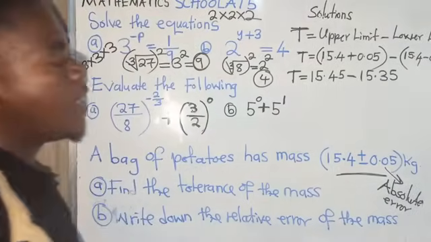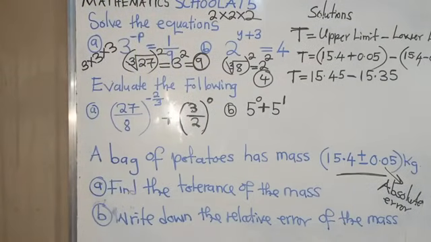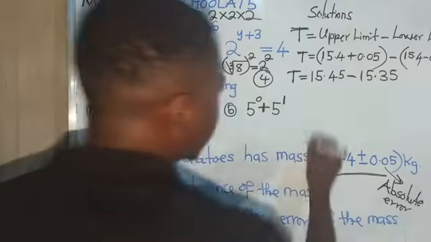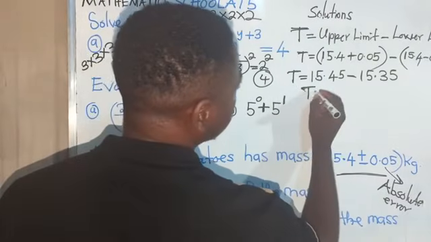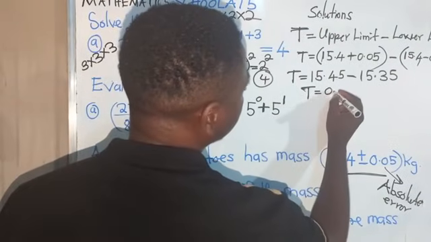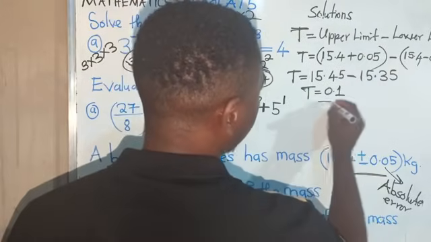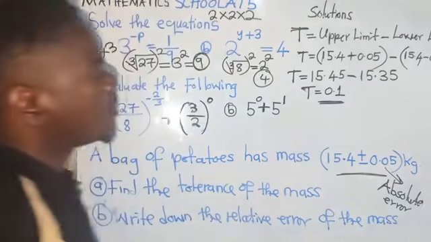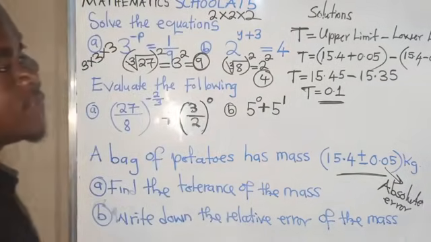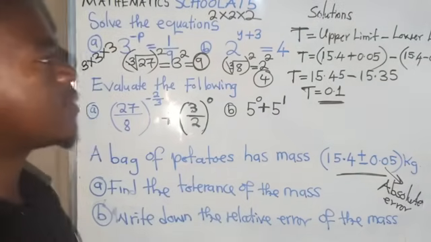That is the answer that I'm going to have. So having said that, I guess people are able to see. Then we just subtract. What is the answer there? The answer is just going to be equal to 0.1 if we try to subtract there. So that is our tolerance. This is how you need to answer such questions.